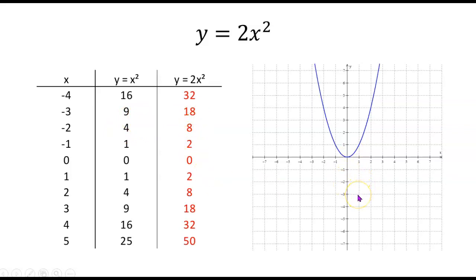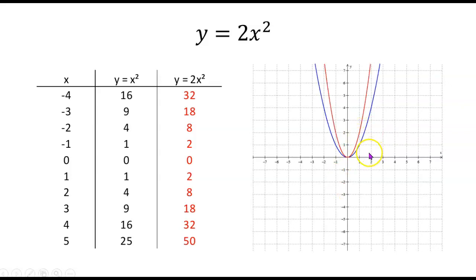So what happens is that all the points on the graph have their y coordinates twice as big as they used to be, which means that the points are twice as far up above the x-axis. Where we used to be 1 space up, now we're 2 spaces up. Where we used to be 4 spaces up, now we're 8 spaces up.